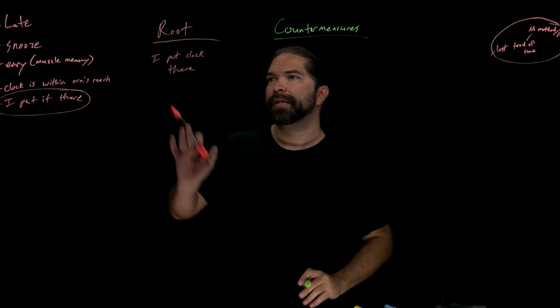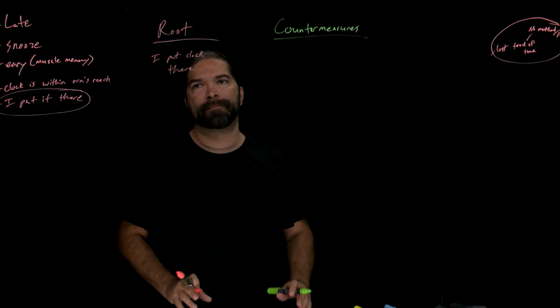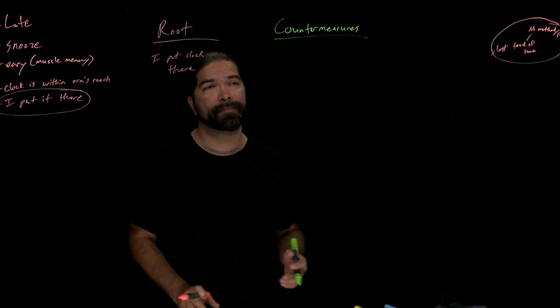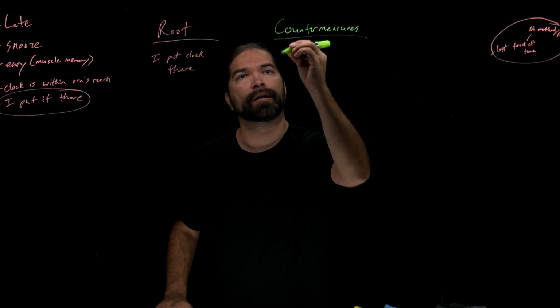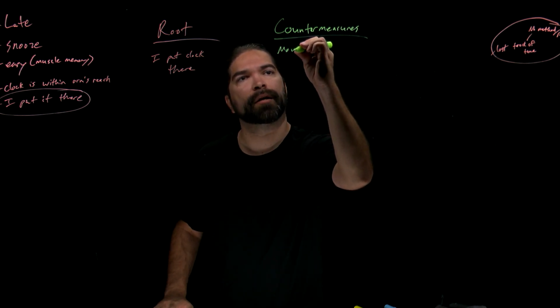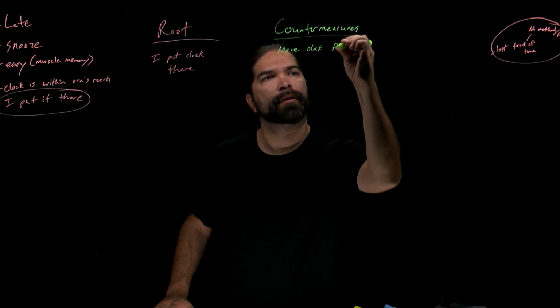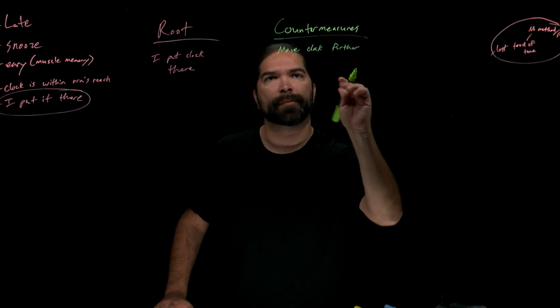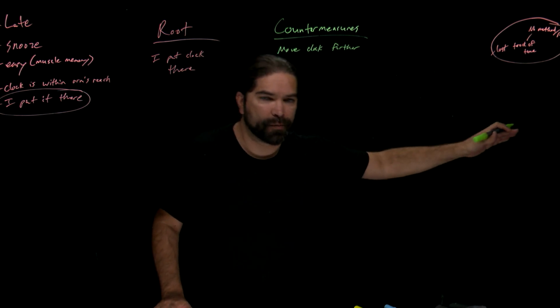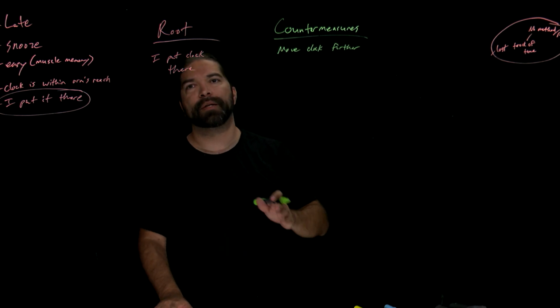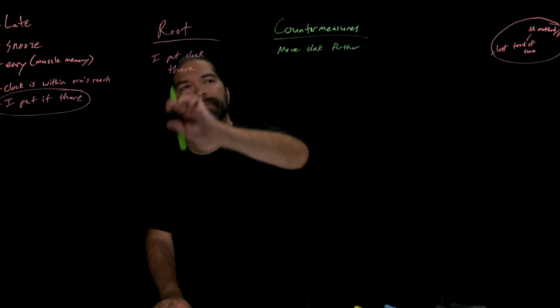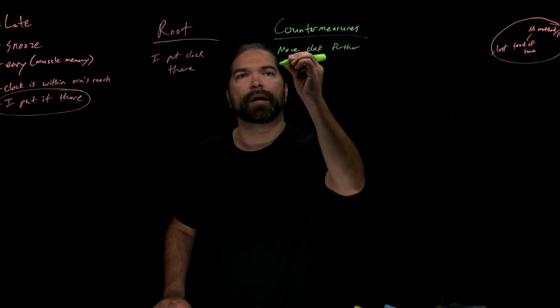So, if the root cause is I put the clock there, what are some things that we can do about that? Well, we can move the clock further away. The idea being that if I have to get up and out of bed to go hit the clock, that might be something. If something about the placement of the clock, we could say we make it a bigger clock.